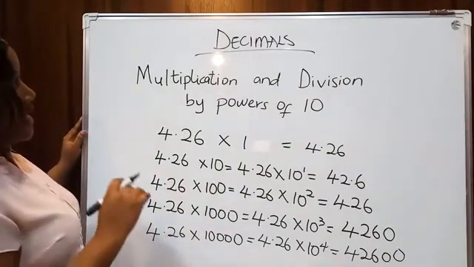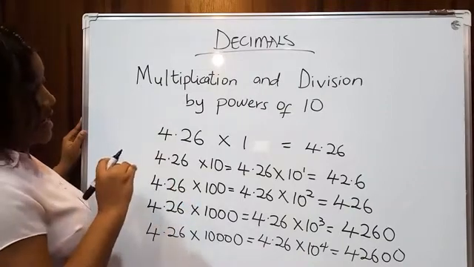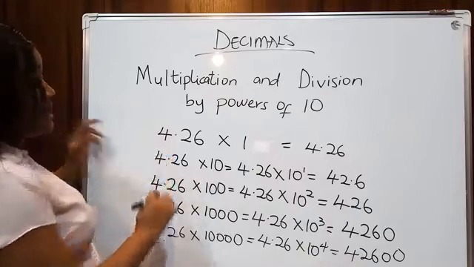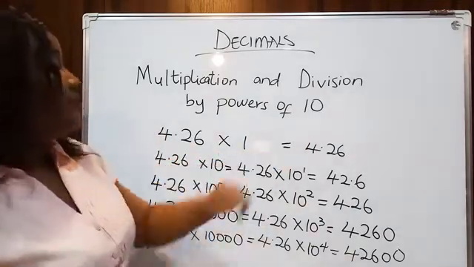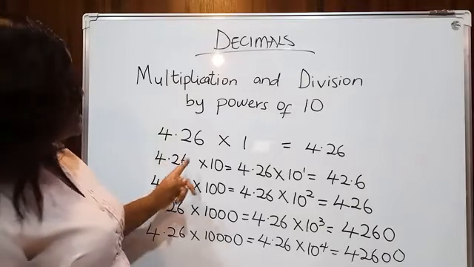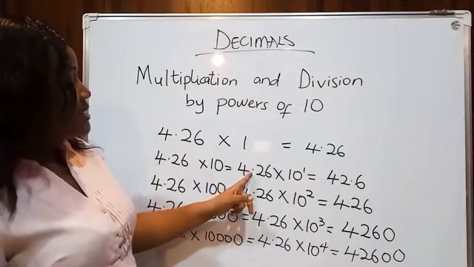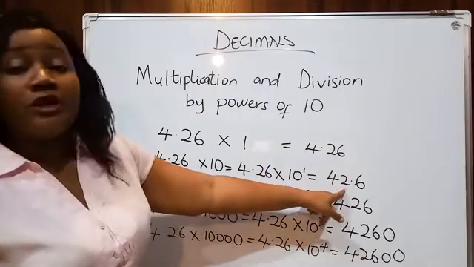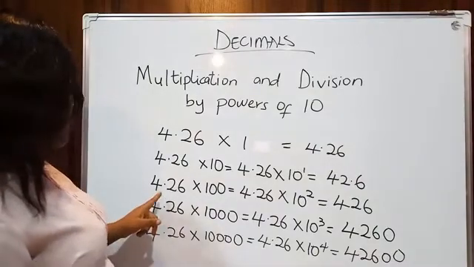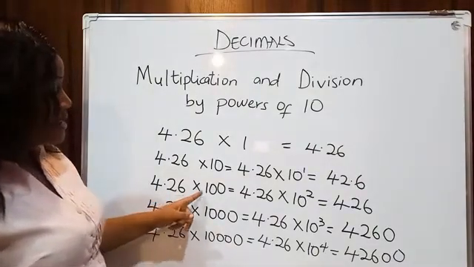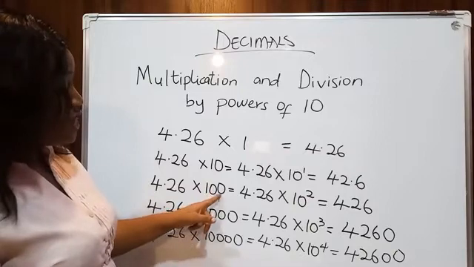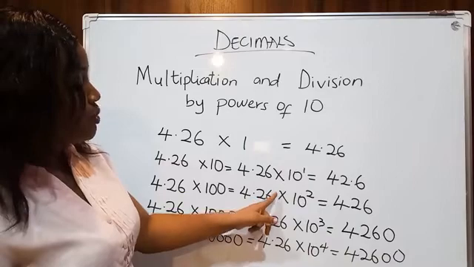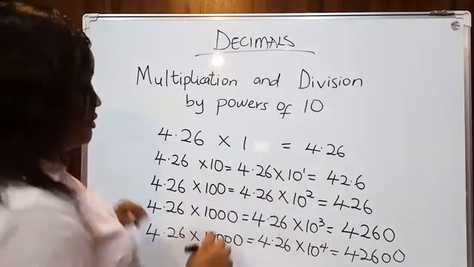So now, notice the way the decimal point moves. In the first case, 4.26 times 1, we had 4.26. Now, 4.26 times 10, it was like the decimal point moved one step and gave us 42.6. Same way, 4.26 times 100, 2 zeros, that's 10 raised to power 2. The decimal point moved two steps forward.